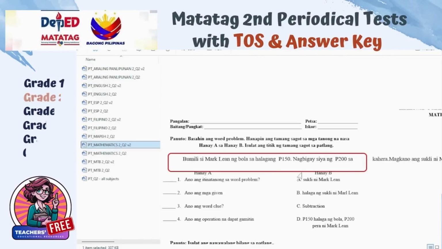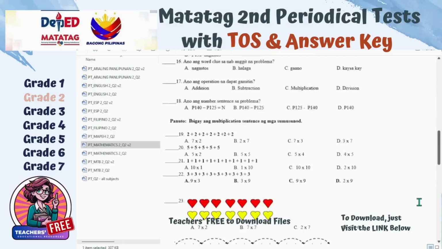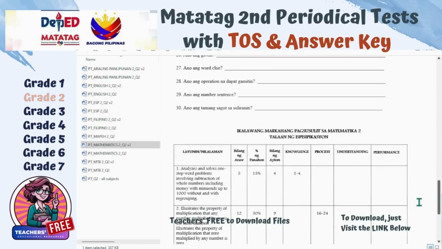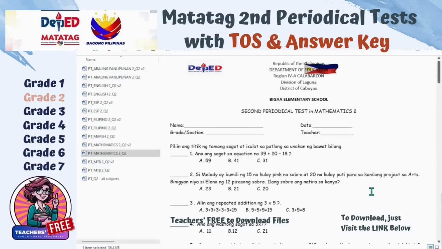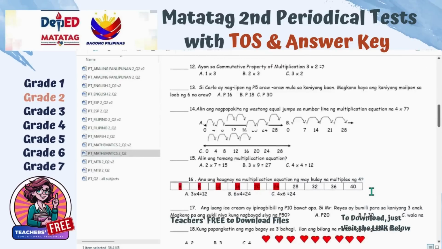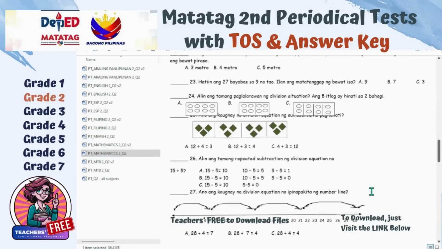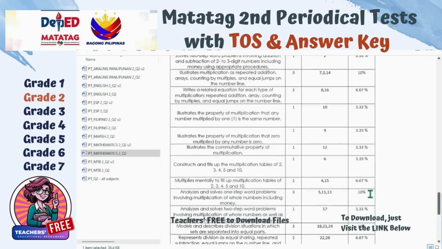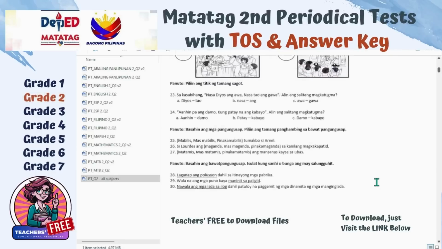We also have the mathematics second periodical test, which aims to: You will solve word problems involving subtraction and money, with and without regrouping. You'll also work on multiplication properties, like multiplying by 1, 0, and the commutative property. You'll practice multiplication as repeated addition, arrays, counting multiples, and on the number line.